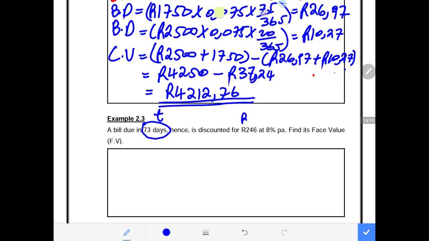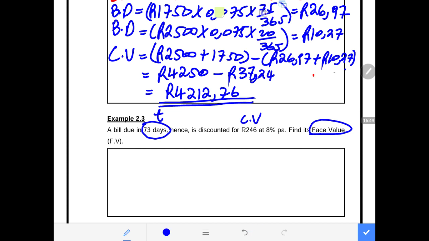So this is our cash value, the cash that we have received by discounting this bill. Now they say find the face value of the bill. Then the question is how to get to the face value of the bill.